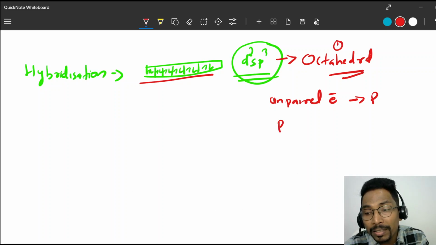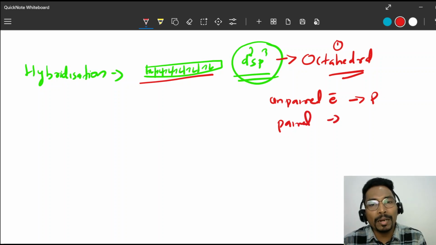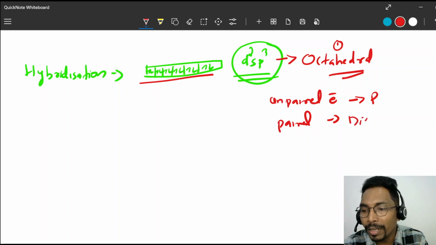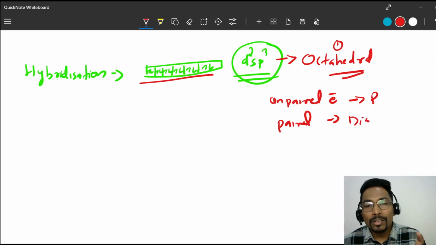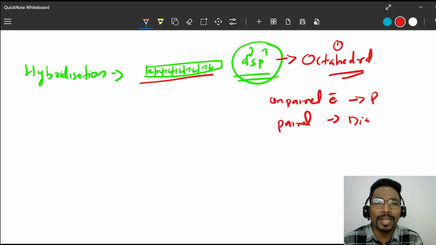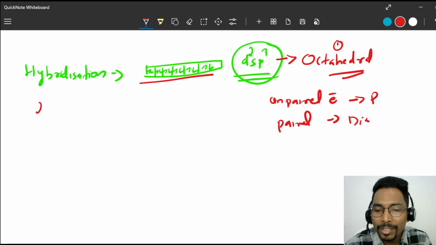If completely paired, no unpaired electron, that is diamagnetic. Very important. So can you please tell me, this complex is paramagnetic or diamagnetic? No unpaired electron, completely paired. So this complex is diamagnetic.